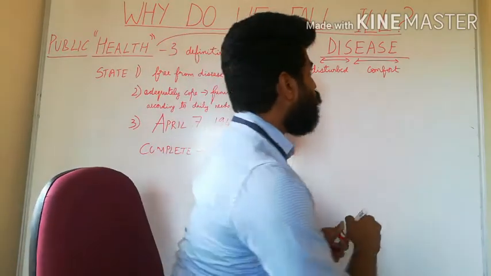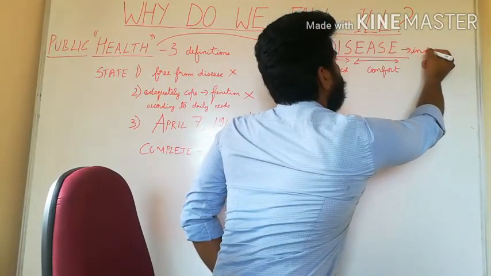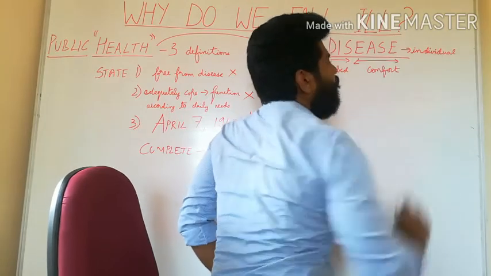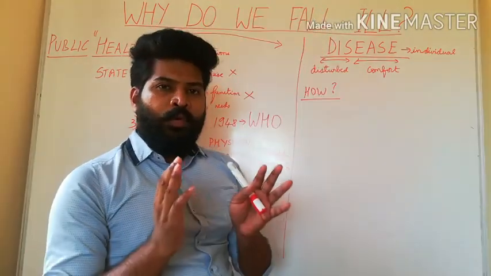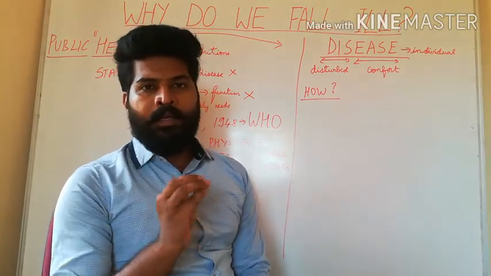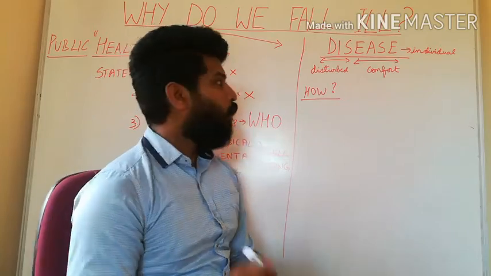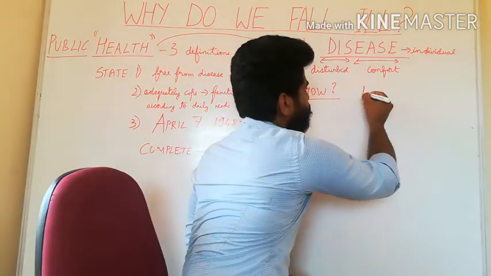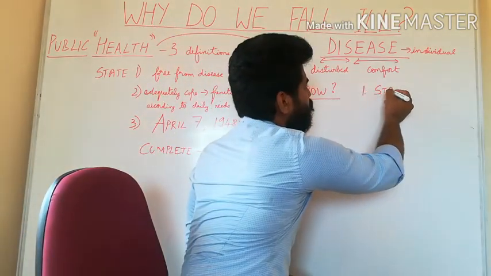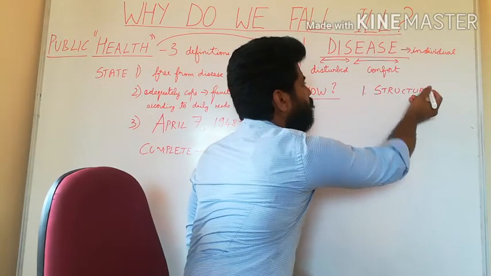And as I told you earlier, disease is in context with the individual. If you look at it a little more deeply, what is happening in the case of a disease? Two things. One, the structure could be impaired.